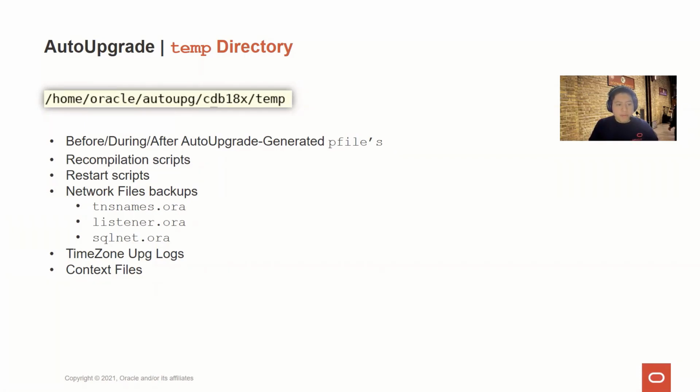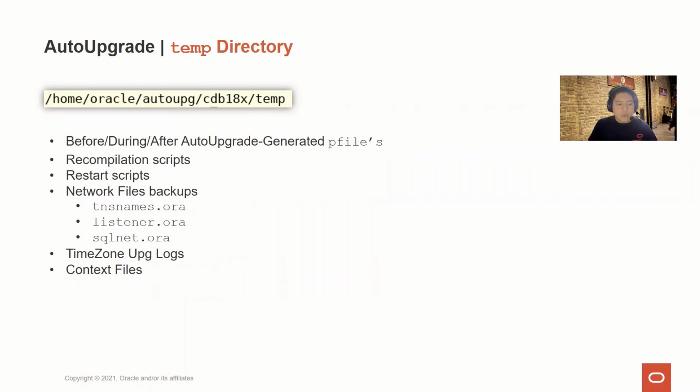One very important part of this folder is that whenever the AutoUpgrade modifies a database file, such as the network files, when it is merging the content of them, we will create a backup of every file that we touch. And also, if we are working on RAC, we will create a backup of every file of every node that we touch.